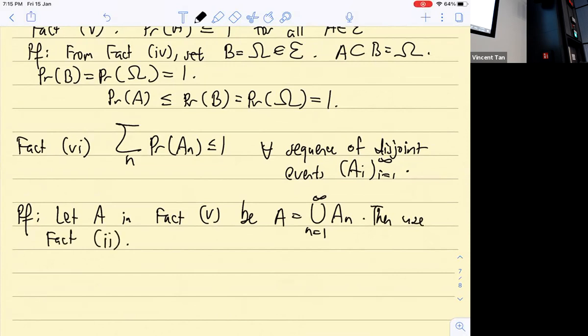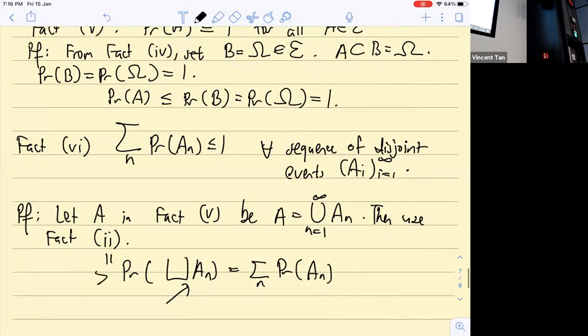Fact 2 says that the probability of a disjoint union is equal to the sum over A_n. And this itself, from fact 5, is an event. And furthermore, this is controlled by 1. So this must be true.